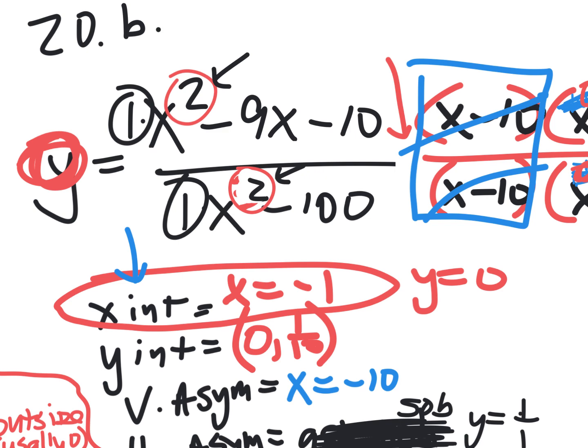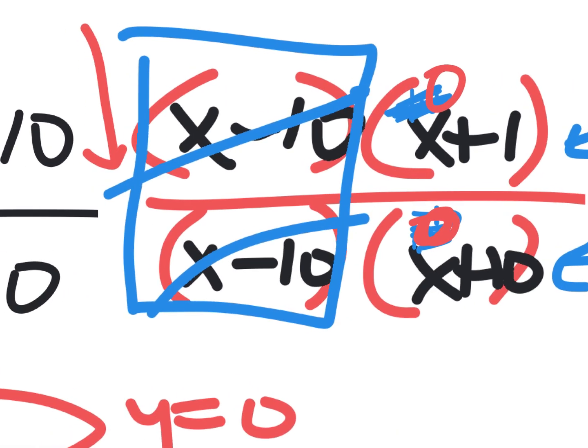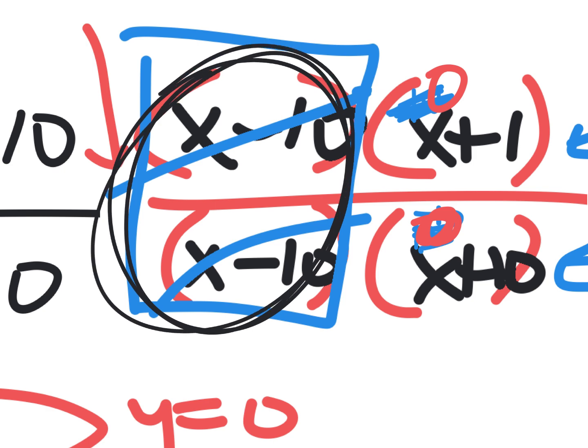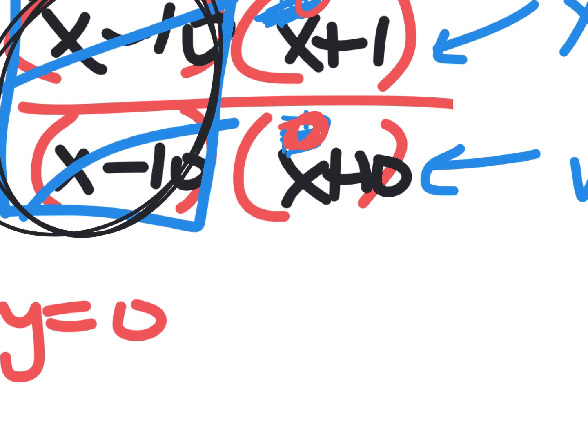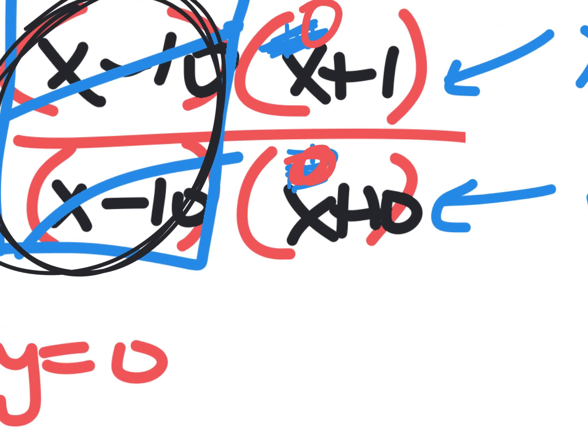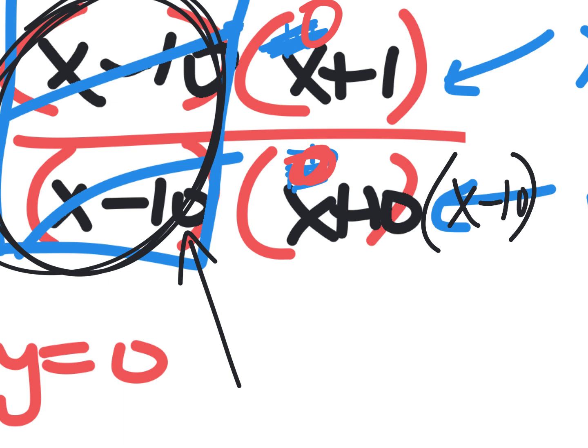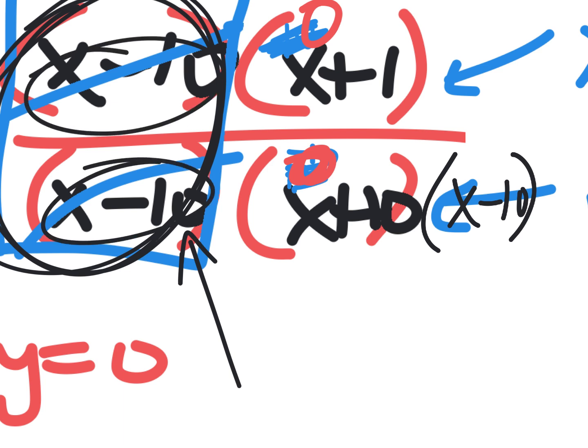I'll just remind you, do you get that there was a hole in this case? Okay. And what if there was also an asymptote? That would have been if there was another x minus 10 down here, but both didn't cancel. Then you'd be deciding, is 10 going to be a hole because it canceled here and here, or is 10 going to be an asymptote because it's down there?